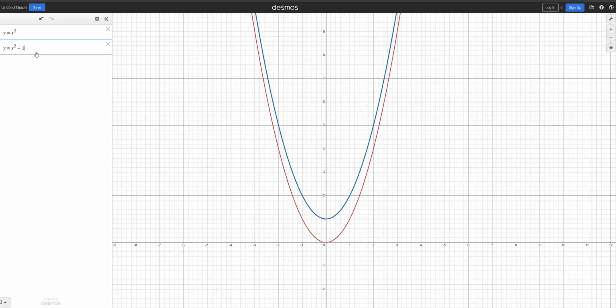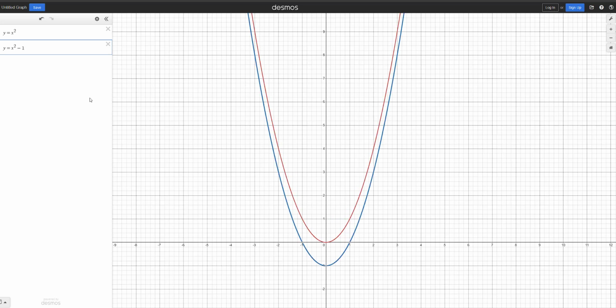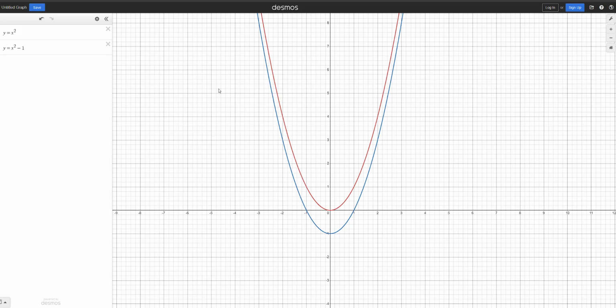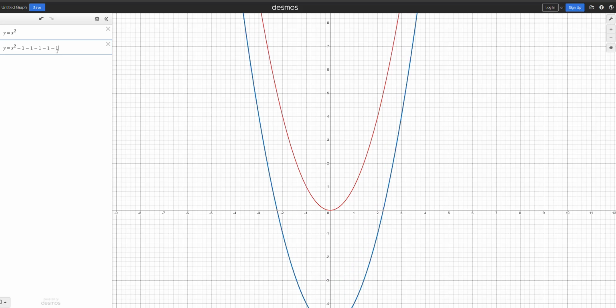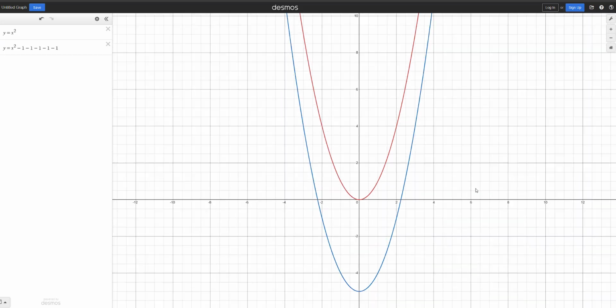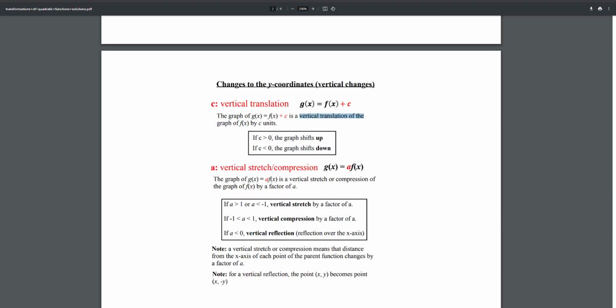It could be 1.5, like plus 0.25. It could be any number. It's just moving up. And if I want to move down, well, guess what? You do -1. You do -1 again. And keep going down. So vertical translation up and down, positive, negative, pretty straightforward. Everyone gets the C value.